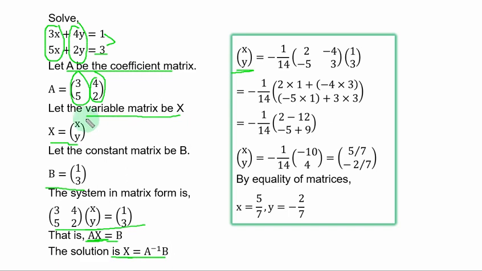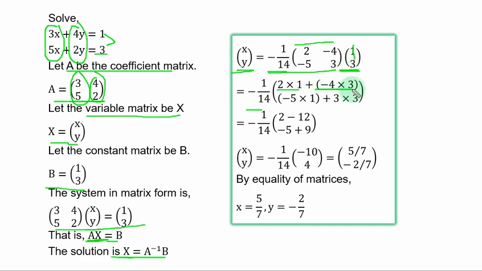Previously, we have obtained the inverse of this matrix, the first part of the question. This is the inverse times matrix B. This coefficient, you keep it outside and multiply first before you use it to evaluate. To multiply the first row times first column, that is 2 times 1 plus minus 4 times 3.